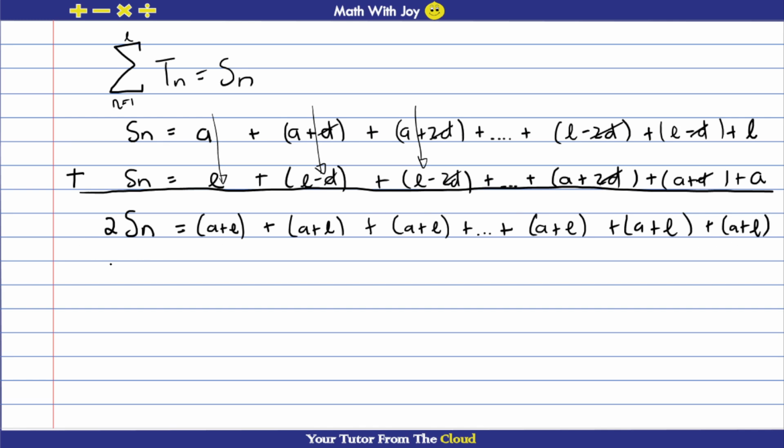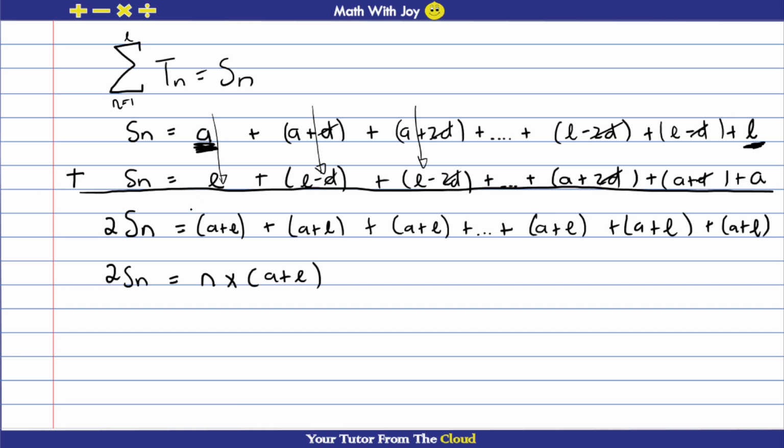So it depends on how many terms you actually added that will determine how many a plus L you are adding. We don't know how many terms you'll be adding, so it's n times a plus L. Remember, the a is your first term, while L is your last term, as we have explained.